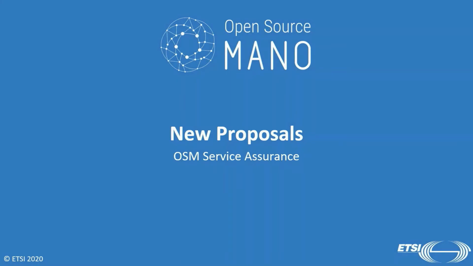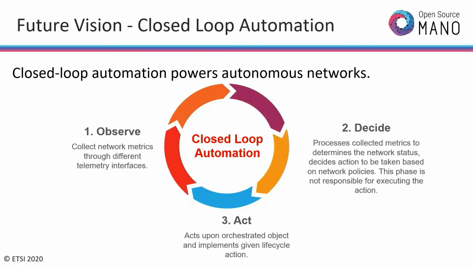The future of service assurance is about closed loop automation. And the idea here is that with closed loop automation, I should have an autonomous network.